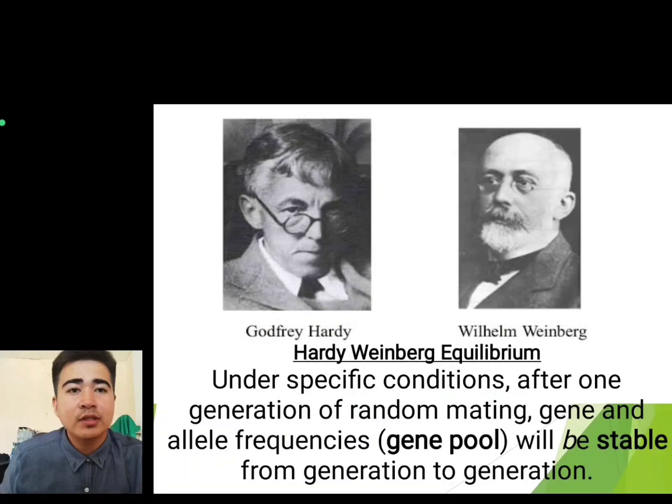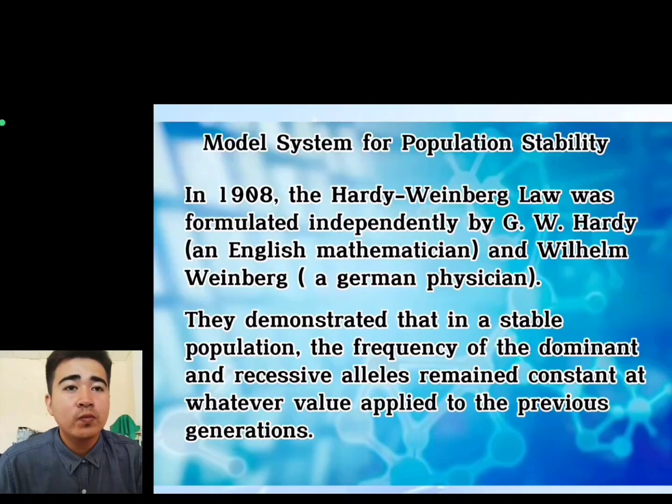This picture shows Godfrey Hardy and Wilhelm Weinberg. Hardy-Weinberg equilibrium: under specific conditions, after one generation of random mating, gene and allele frequencies, the gene pool, will be stable from generation to generation. It is a model system for population stability.